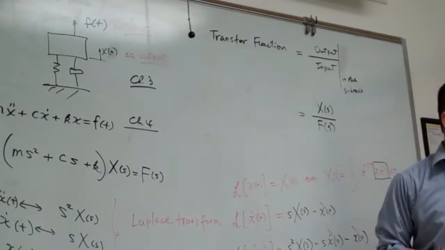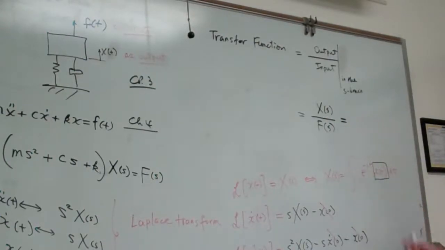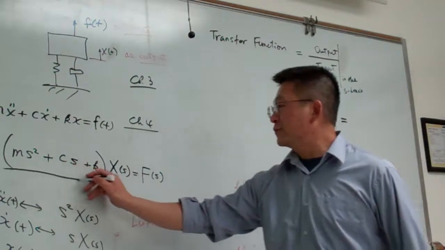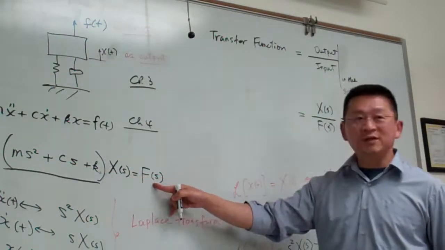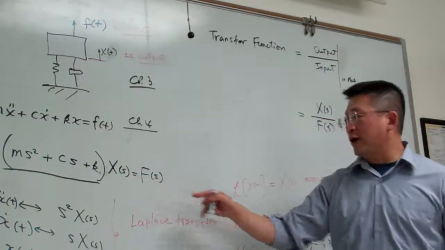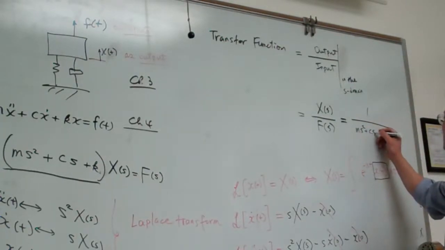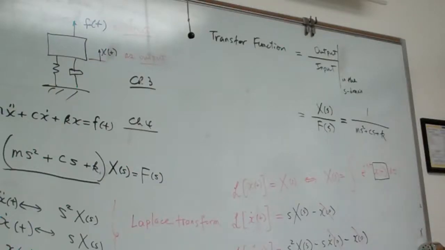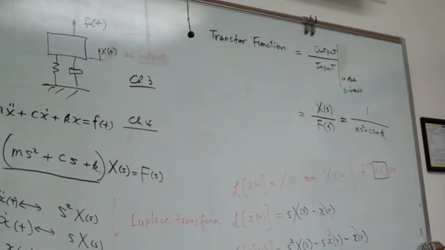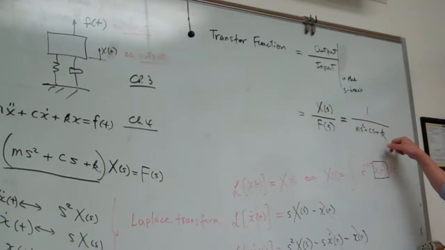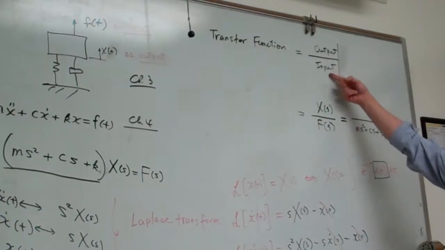What is this? You see, this is the term multiplied with X, equal to this. So X over F, would that be equal to 1 over ms squared plus cs plus k? Good? So the transfer function for this particular system is this one. But in general, its definition is simply found here.